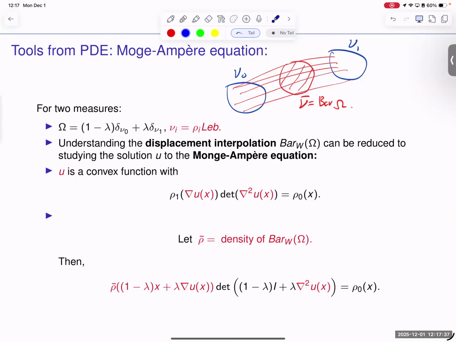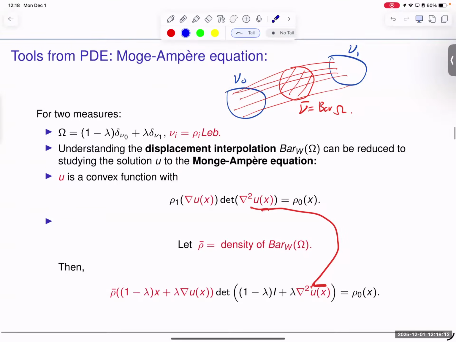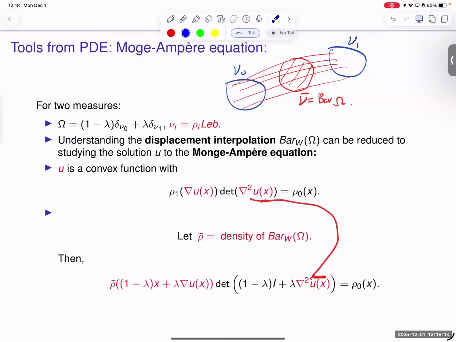So the corresponding Monge-Ampère equation can be written in this way. This u is the same as this u, but between the original nu0 and this McCann interpolation, the corresponding optimal mapping is this one. And then you have this equation. That is what we have.